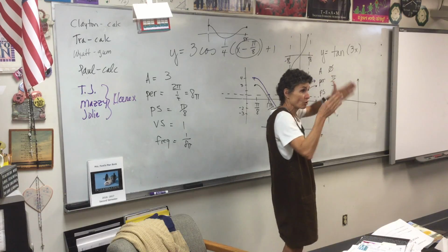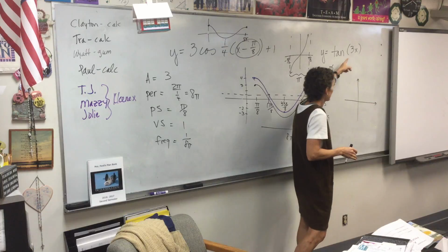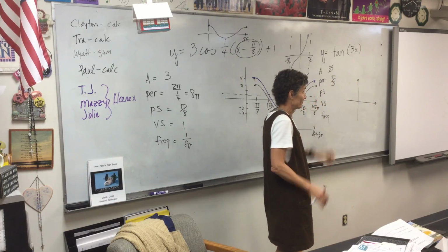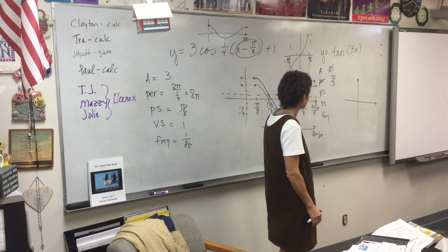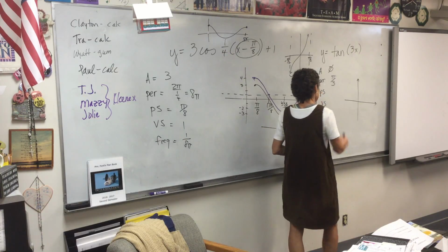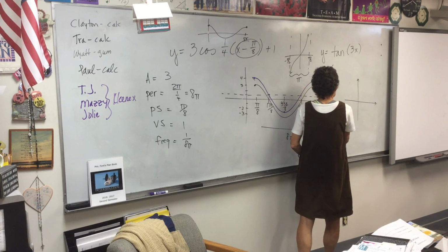So everything starts with pi and then gets changed. So this one is pi/3. That's a difference between the sine and the cosine and the tangent. I have no phase shift, no vertical shift.